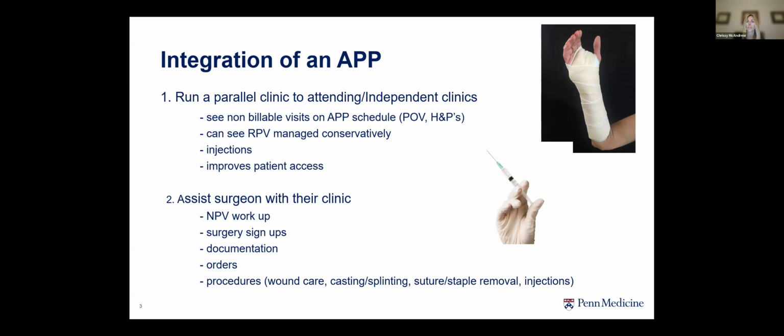Many times they're pulling off injections. As you know, you cannot bill all the time for an E&M code in addition to your injection code. So many times the APPs can pull off those injections and see those patients in their clinic as well, especially if it's a planned injection, overall improving patient access and getting patients in quicker.